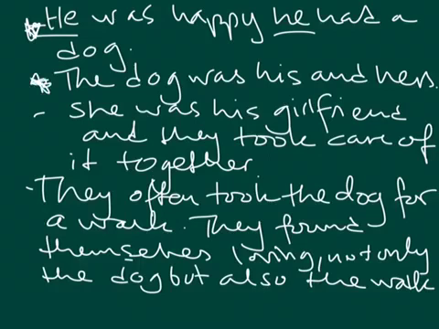Second sentence says, the dog was his and hers. Third sentence says, she was his girlfriend and they took care of it together. Fourth sentence says, they often took the dog for a walk. They found themselves loving not only the dog but also the walk.